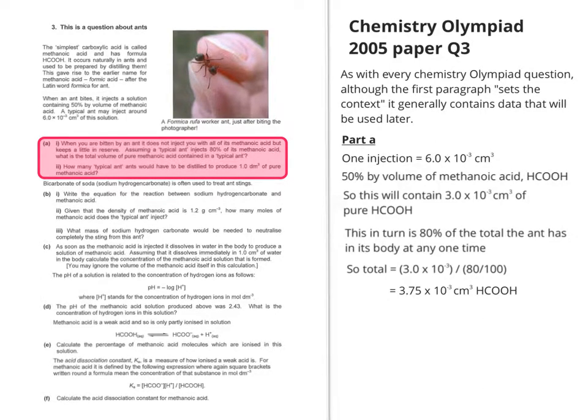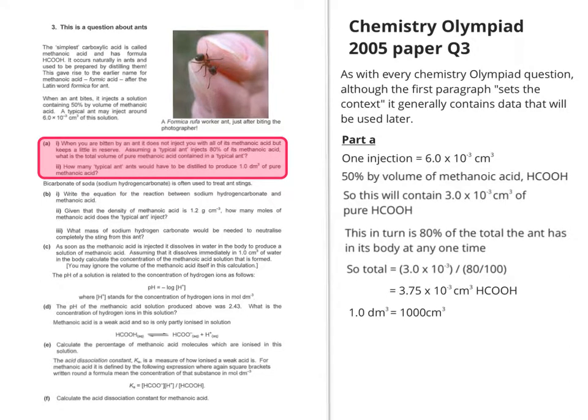If we work through the maths systematically, we take one injection as 6 times 10 to the minus 3 centimeters cubed. We're told that this is 50% by volume of methanoic acid, so we divide this by 2 to get the amount of pure methanoic acid present in that one injection. If that one injection is 80% of the total methanoic acid the ant has in its body at any given time, you can divide that by 0.8, or 80 over 100, which gives you 3.75 times 10 to the minus 3 centimeters cubed of methanoic acid.